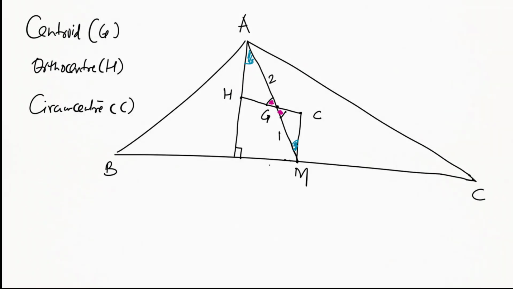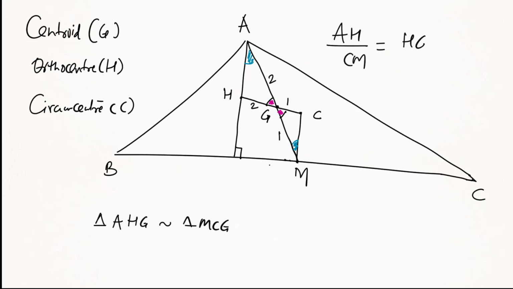So this will also divide into 2:1, right? Triangle AHG is similar to triangle MCG. So what we get here: AH over CM is equal to HG, orthocenter connecting to centroid, over GC, equals the median ratio, that is 2/1, AG over GM. So this result is very important.